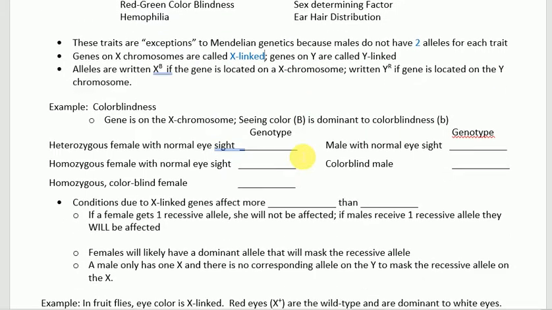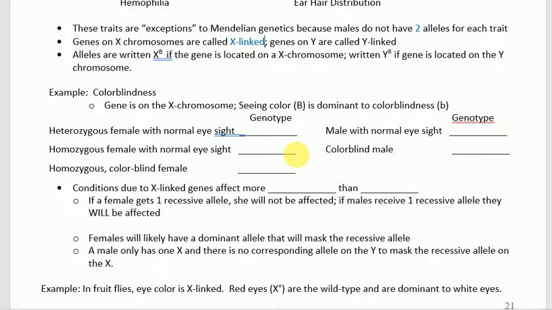So let's look at an example like color blindness. The gene is on the X chromosome. Seeing color is dominant to color blindness. If we have a heterozygous female with normal eyesight, she would be X^B X^b, because she's heterozygous.